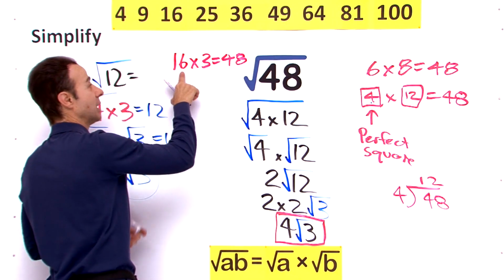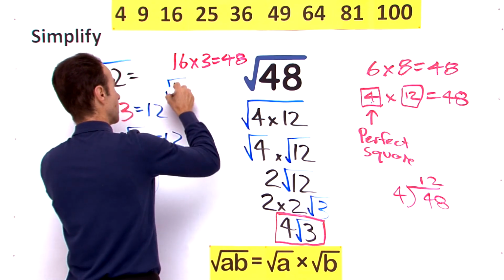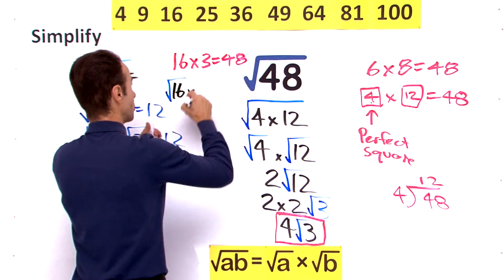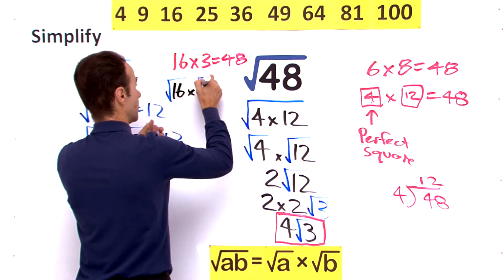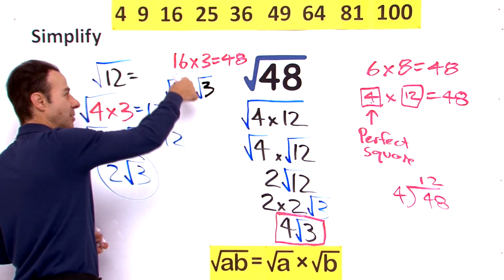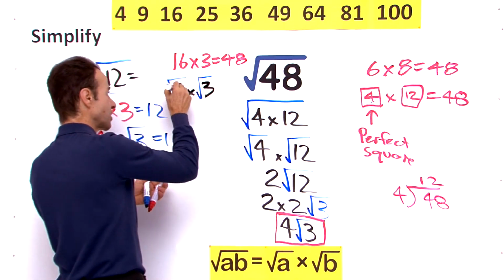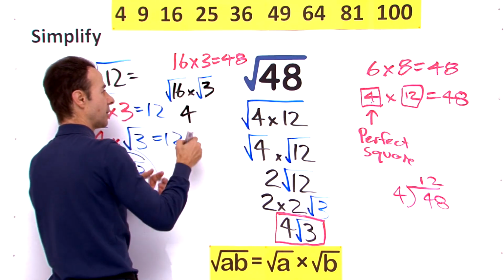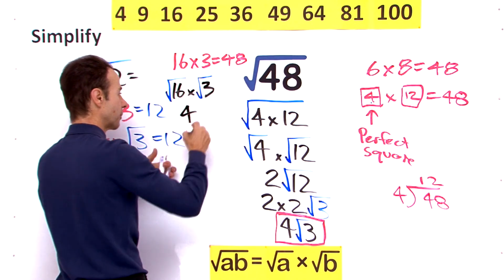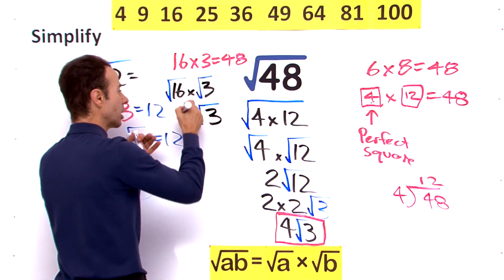And that's a big square number, so that means we have the square root of 16 times the square root of 3. That's the same as 48. The square root of 16 is 4, so that 16 turns into a 4, and then bring down the square root of 3. There you go. So that's a quicker way to do it.